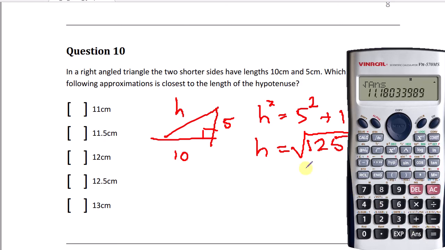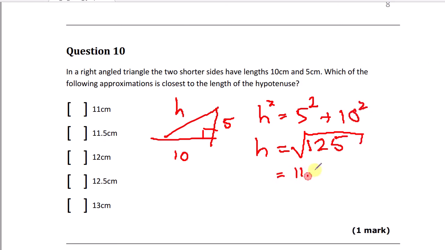And that's 11.18. And it says closest approximation, so we're not looking to one decimal place. We want the nearest 0.5. That rounds this up to 11.2.